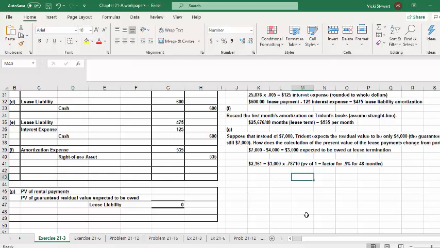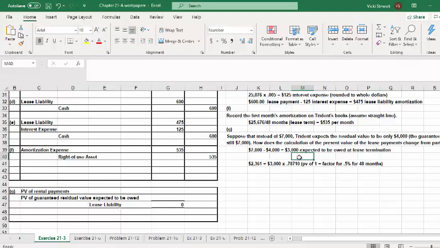So we know in the first portion it stated that we expected it to be worth $7,000, so we weren't required to include any of the present value of the guaranteed residual value in the lease liability. But now we're stating that we don't expect it to be worth $7,000. We only expect it to be worth $4,000. So that means we're going to probably have to make up that difference of $3,000.